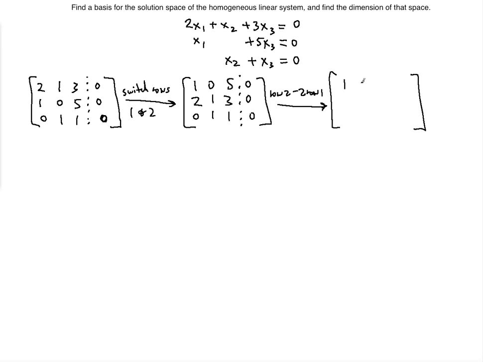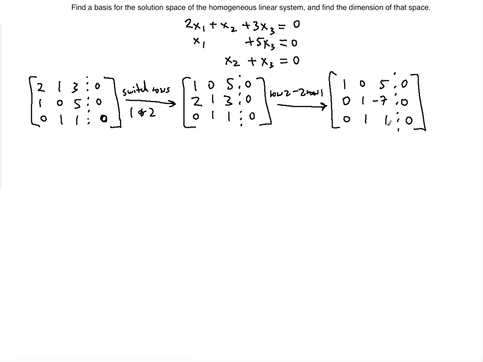So 1, 0, 5, 0 is untouched. The third row is also untouched. The second row changes: that becomes 0, 1 minus twice 0 is still 1, 3 minus 10 is negative 7, and then 0 stays.